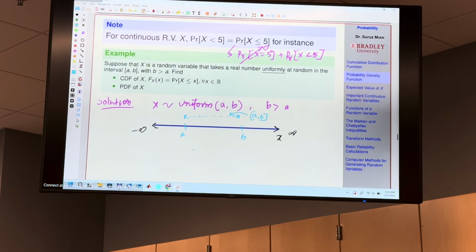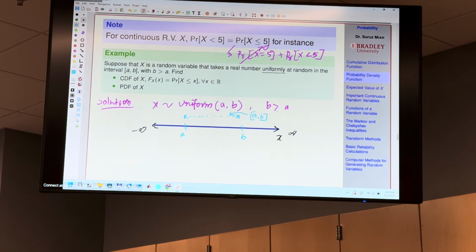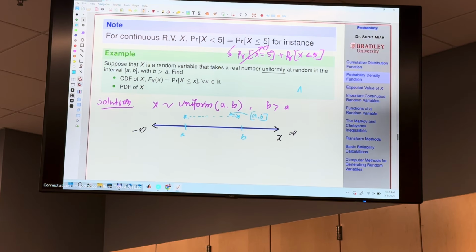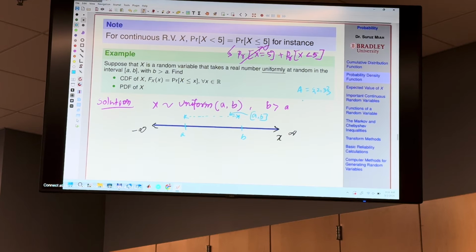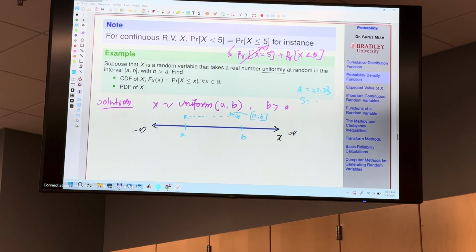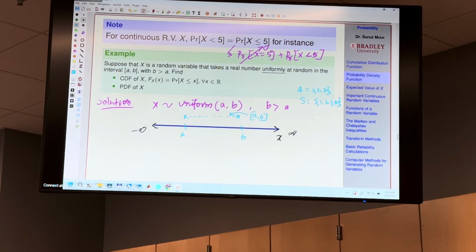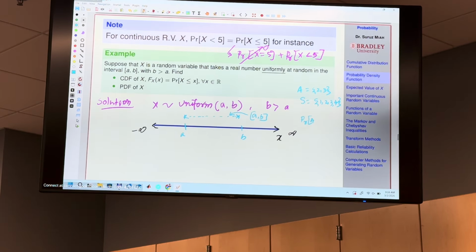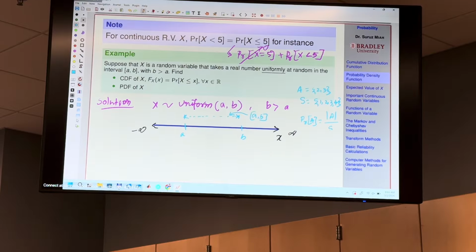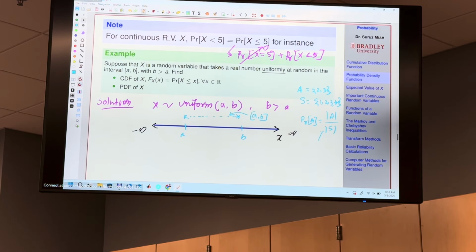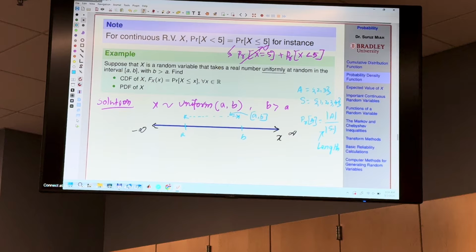If you recall, guys, in chapter 2 we talked about probability, where let's say we have A equals 2, 3, and then we have sample space S equals, let's say, 1, 2, 3. So the probability of event A is basically the cardinality of set A over the cardinality of set S. In other words, this is the length, which is basically the number of elements.